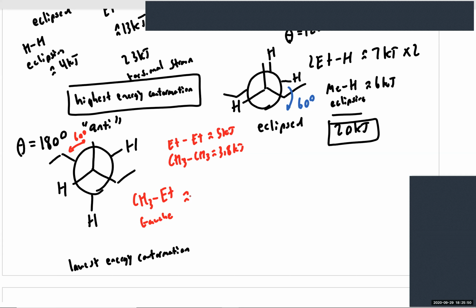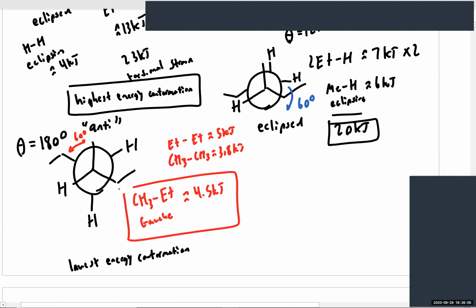What amount of steric strain would we expect, roughly, using these two values as a guide? Around probably 4.5 kilojoules. And that's the only interaction present in this molecule.